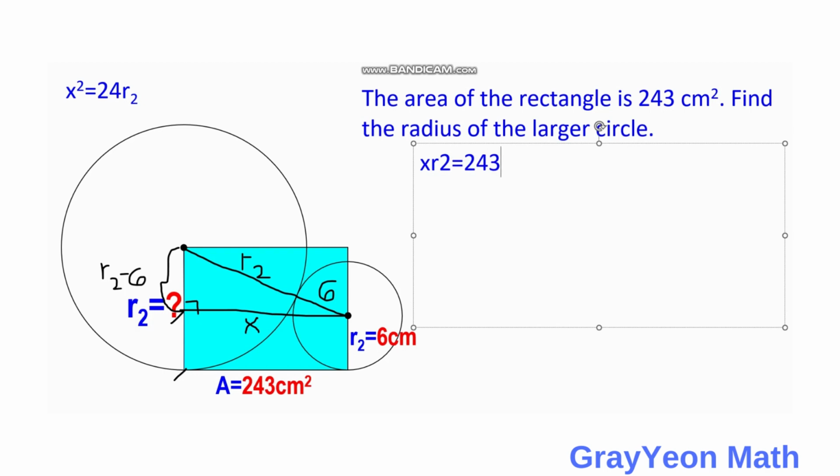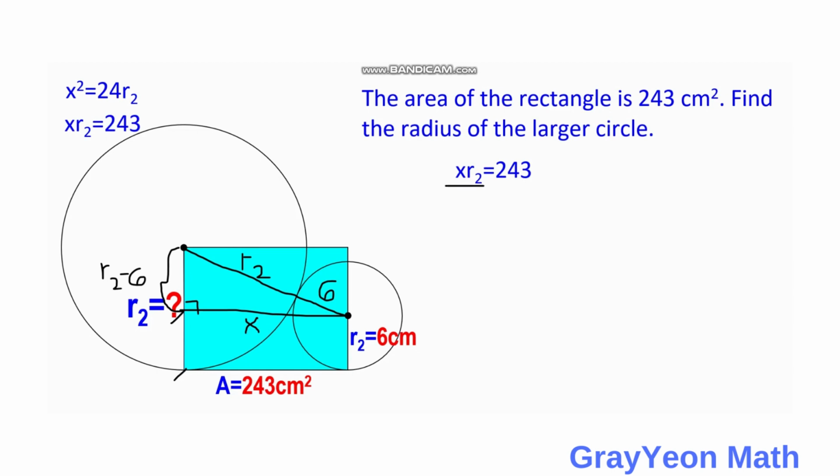Next, we divide both sides by R sub 2, and we have X is equal to 243 over R sub 2.